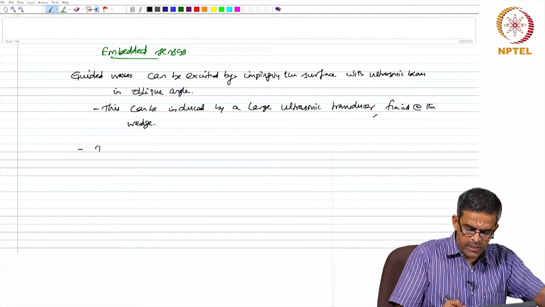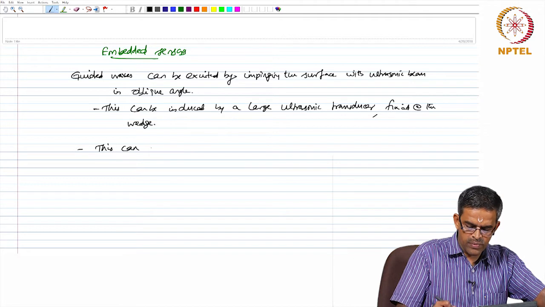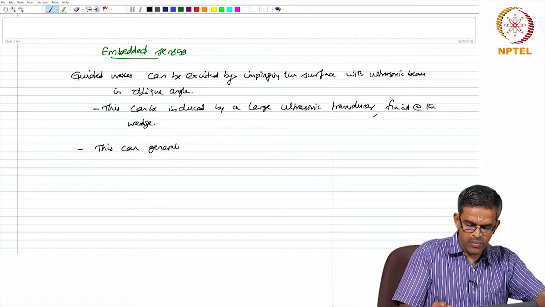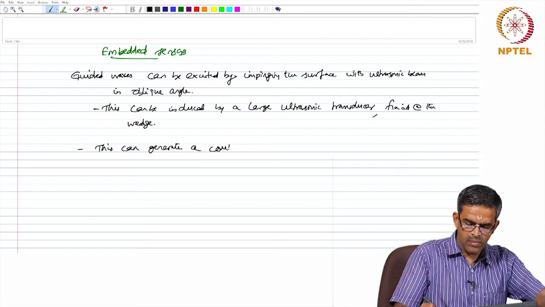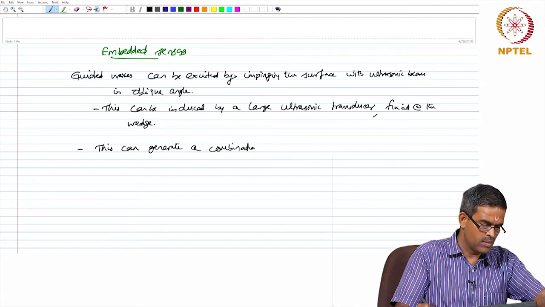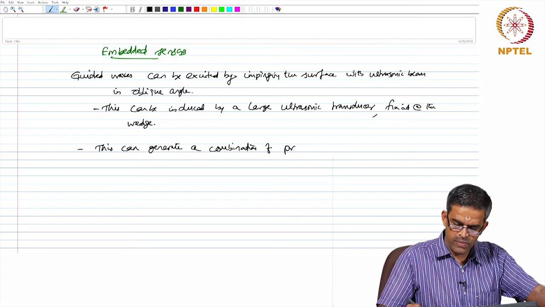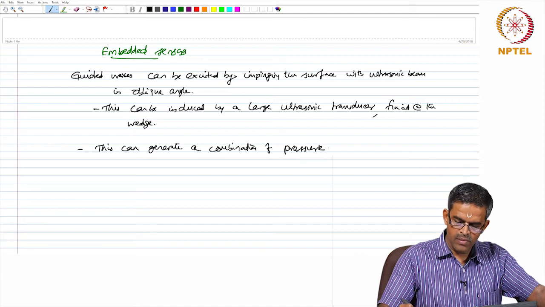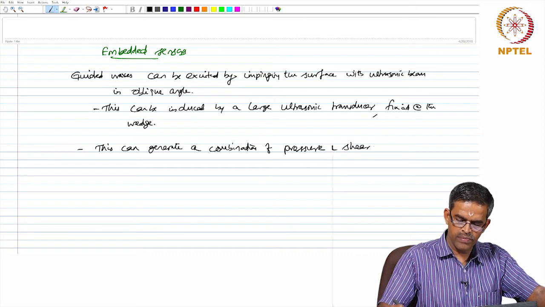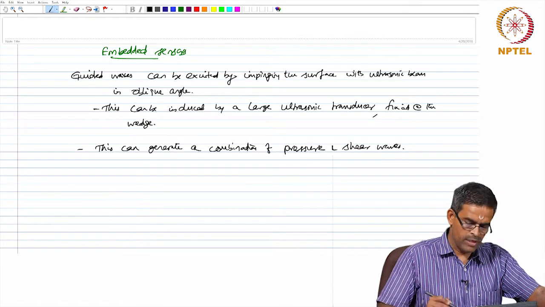So, this can generate a combination of pressure waves and shear waves in the structure.